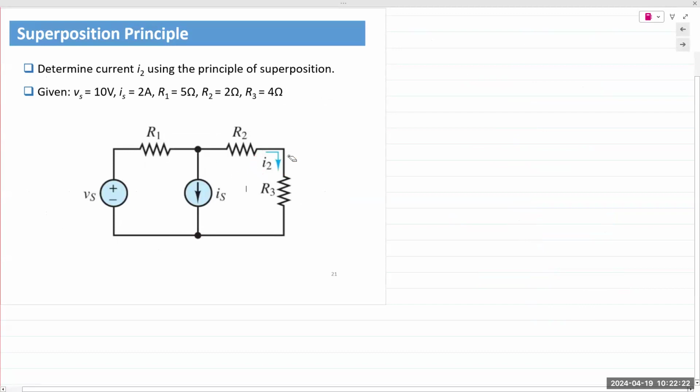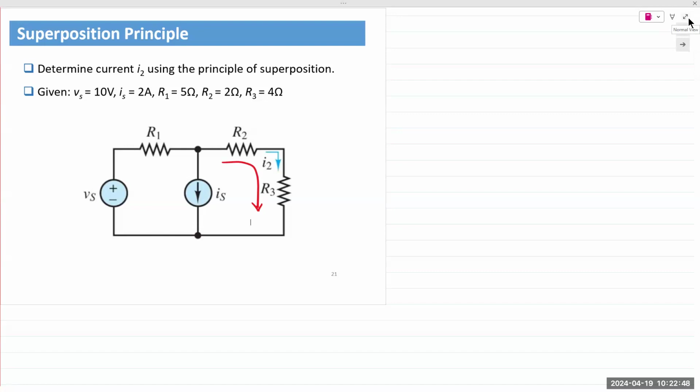Now, what do we see? It's in the center. Yes.